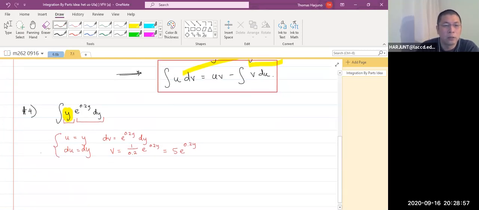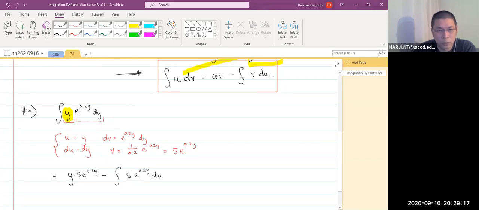Now then, according to the formula of integration by parts, this equals uv minus the integral of v du. Take a look. This is my uv minus the integral of v du.